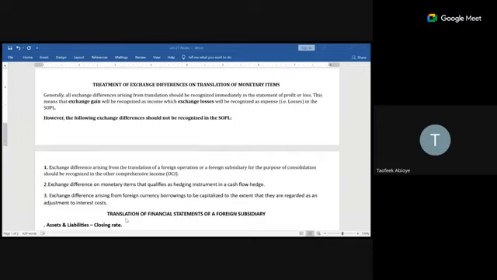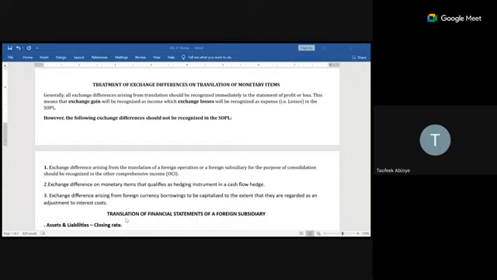That means we have two types of hedging: cash flow hedging and fair value hedging. I don't think it has been tested before.